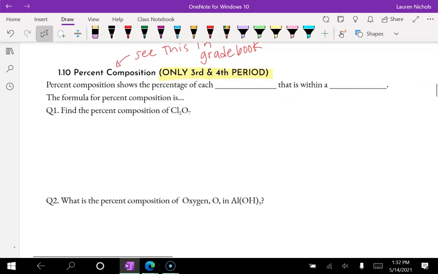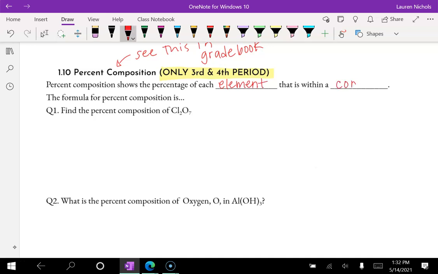So percent composition shows the percentage of each element that is in a compound, okay? Remember, a compound has multiple elements. The formula for percent composition is: percent composition equals the grams of your element divided by the grams of your compound, or the total, times 100%.